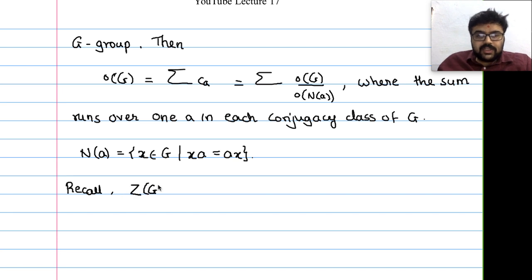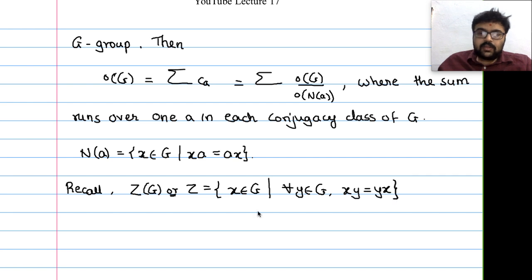We denote it by Z(G), or just Z, and this is all those X in G such that for every Y in G, XY equals YX. So here this is the difference. Here, X in G so that AX equals XA, that means those X which commute with A. Here we are taking those X which commute with every other element of the group, right?